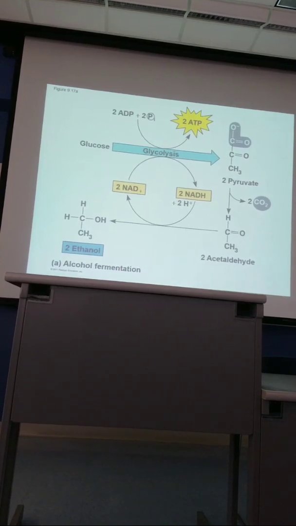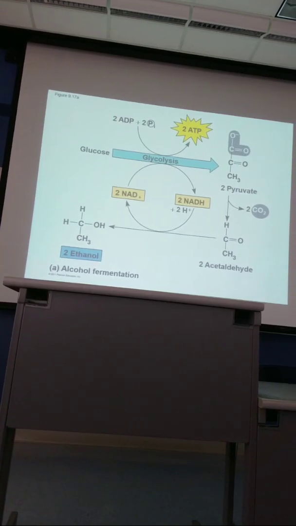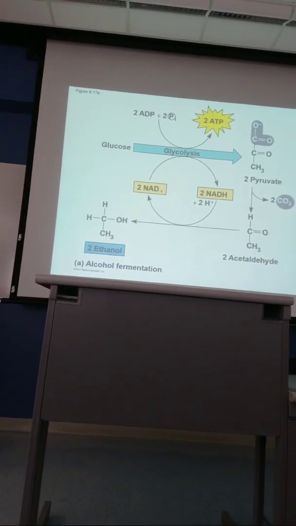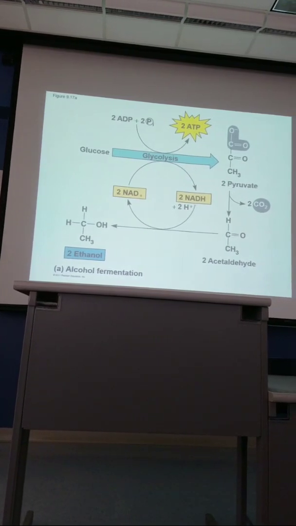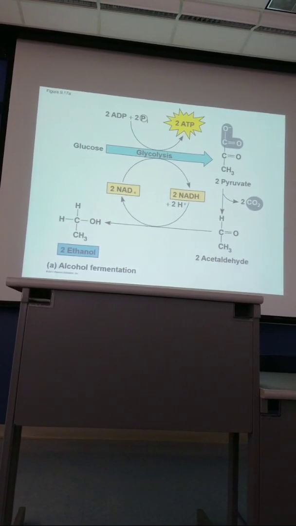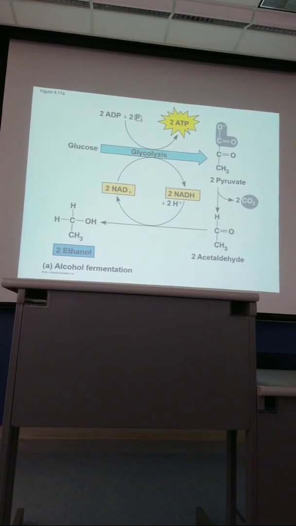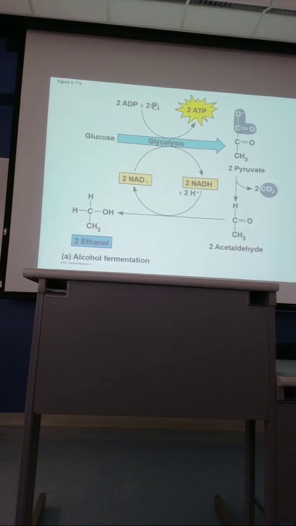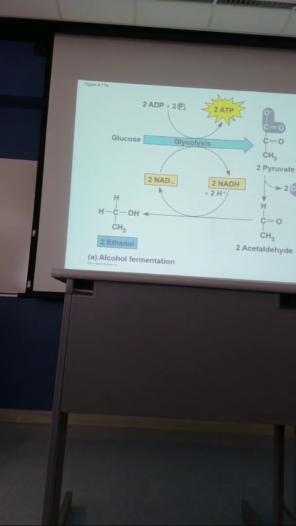Remember, basically, the ethanol: methane is CH4. Ethane, or ethyl, has 6 hydrogens. So, 1, 2, 3, 4. These bonds take the place of that. This is the ethyl group. 3, 4, 5, 6.